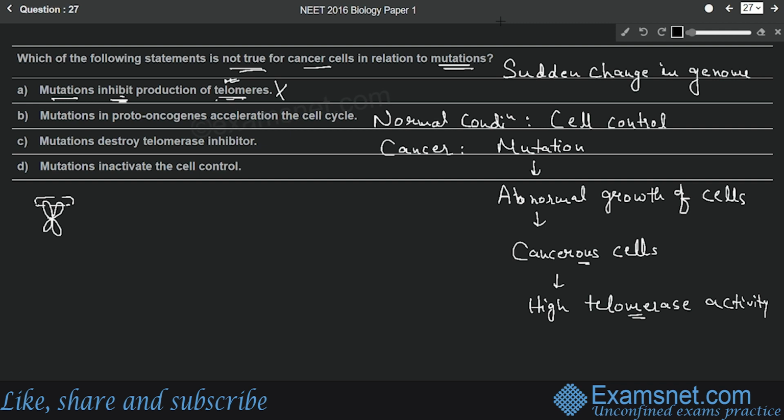Okay. Then the second statement says mutations in proto-oncogenes accelerates the cell cycle. So this is a correct statement. See, when mutations take place in proto-oncogenes, then proto-oncogenes will become oncogenes, and these oncogenes are responsible for the formation of cancerous cells.